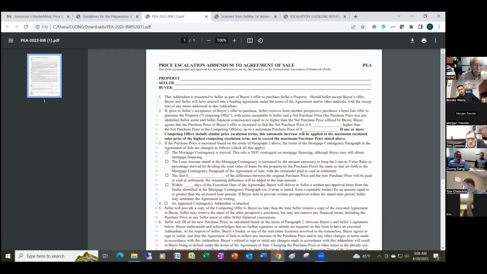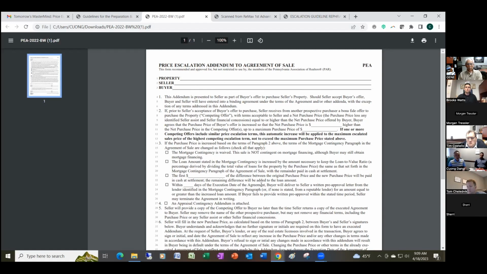If prior to seller's acceptance of buyer's offer to purchase, seller receives from another prospective purchaser a bona fide offer to purchase the property, competing offer, with terms acceptable to seller and a net purchase price, the purchase price less any identified seller assistance and seller financial concessions, equal to or higher than the net purchase price offered by buyer, buyer agrees that the purchase price of buyer's offer is increased so that the net purchase price is blank dollars higher than the net purchase price in the competing offer up to a maximum purchase price of blank.